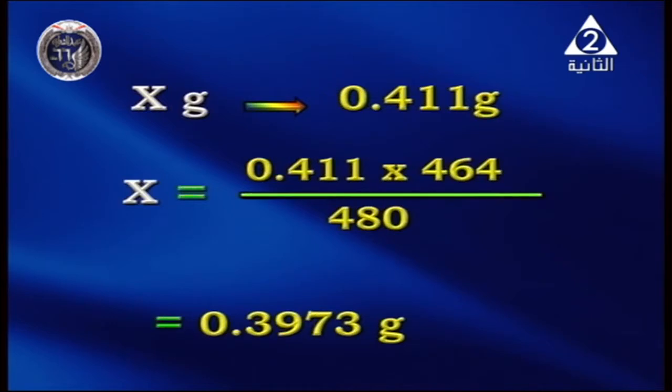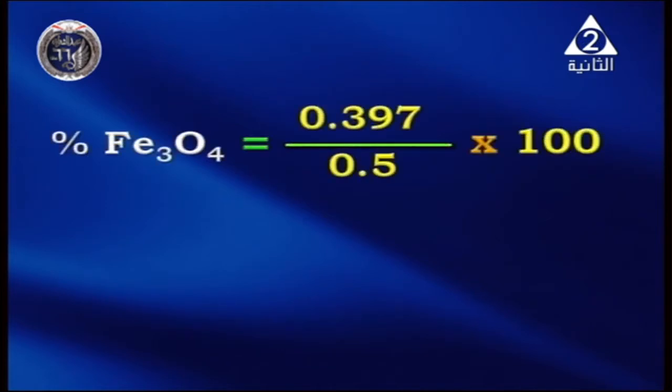So x gram will be 0.411 times 464 over 480 equals 0.3973 gram. So the percentage of magnetic iron oxide will be 0.397 gram over the mass of the ore, 0.5, times 100, it will be 79.46%.